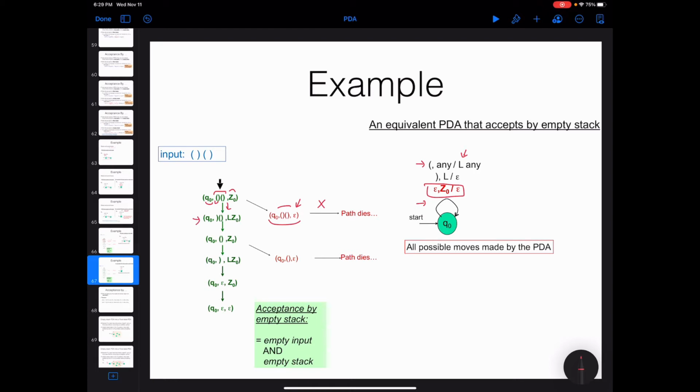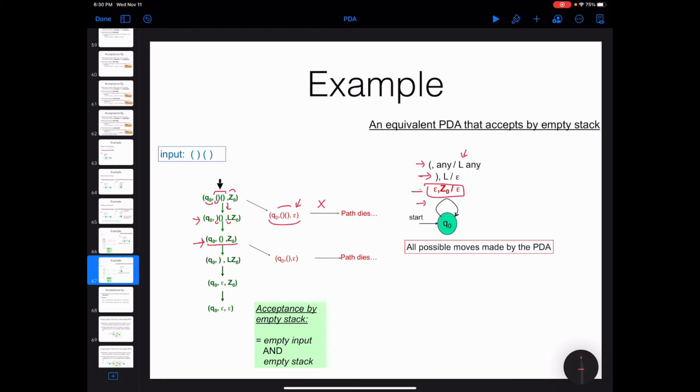At this position, there is only one possible action, which is this transition, which tells you that you are at state Q0, you stay at Q0, you read this input, and you pop one token from the stack, so you reach this situation. Again, here there are two possible transitions.